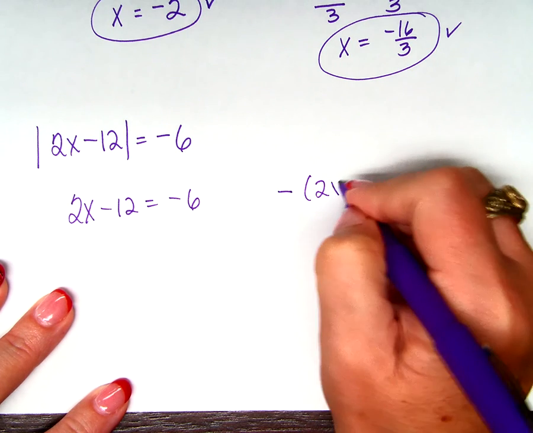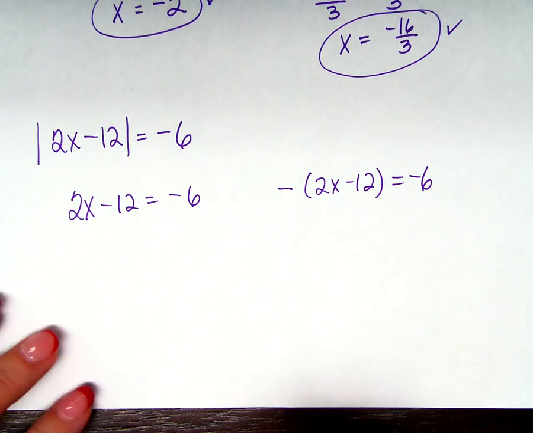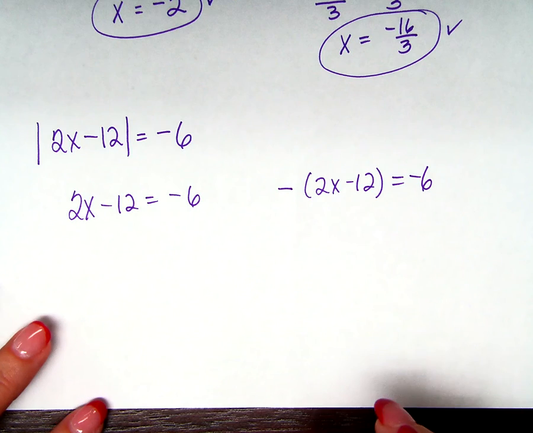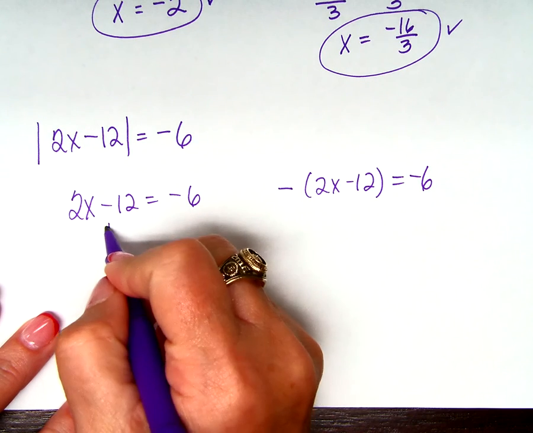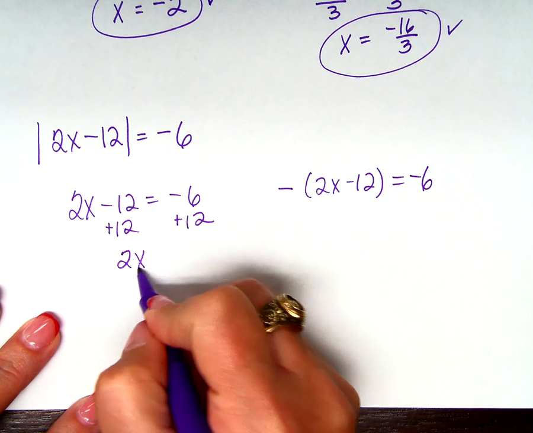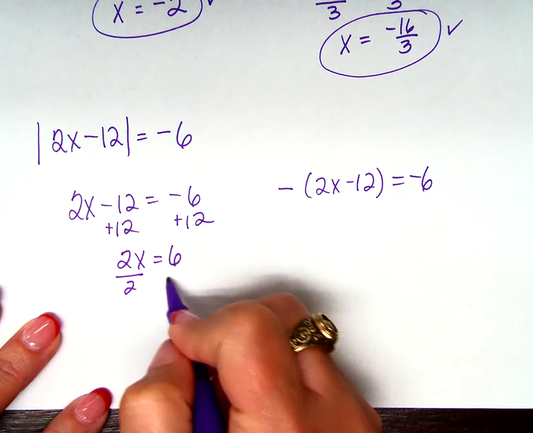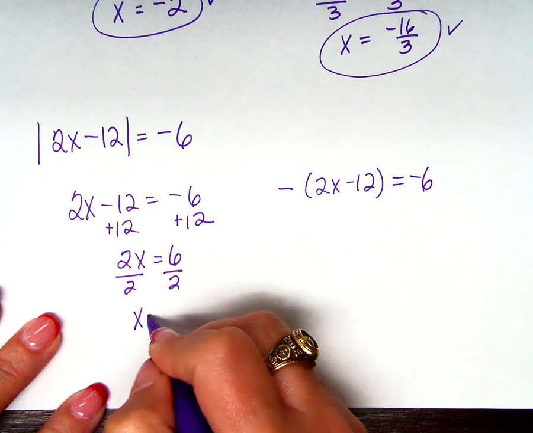Negative 2x minus 12 equals negative 6. Now what? Okay, if I add 12 to both sides, I'm left with 2x equals 6. And if I divide by 2 on both sides, I get x equals 3.